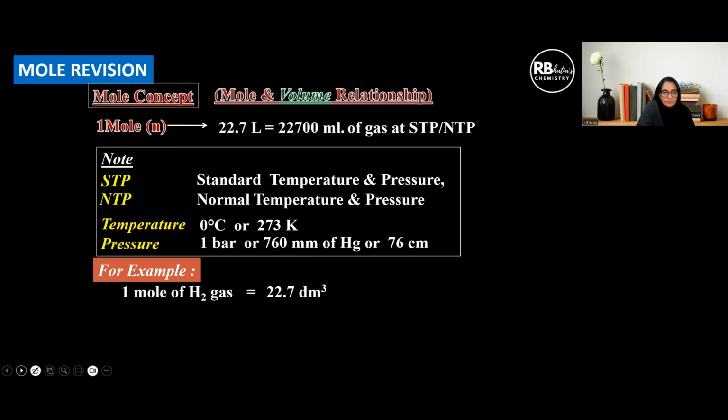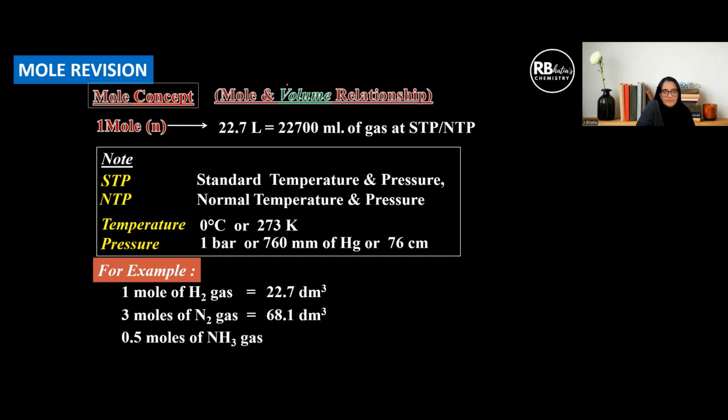So 1 mole of hydrogen gas has a volume of 22.7 decimeter cube, which is equal to 22.7 liter at STP. Now, 1 decimeter cube is equal to 1 liter. I have explained this in the first video. So 3 moles of nitrogen gas means, what do we do? I want the volume of 3 mole of nitrogen gas at STP.